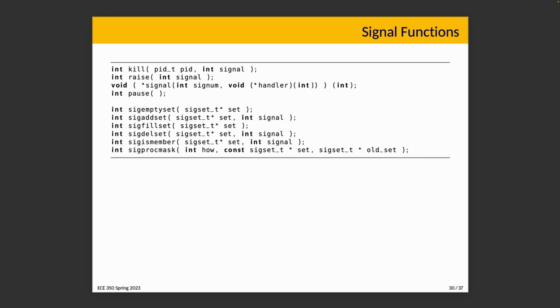We also spent some time talking about the idea of deferring, blocking, disposition of signals, and so I included here as well how we configure a signal set and how we can create an empty one. We can add a signal to it, we can fill the set, so put all possible signals in the sigset, how we can remove one, and then we can set a mask.